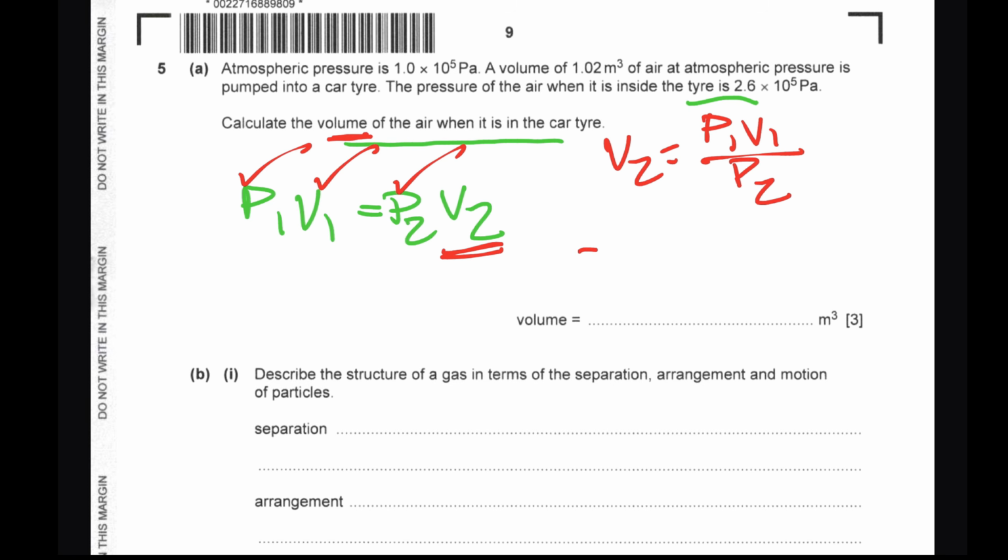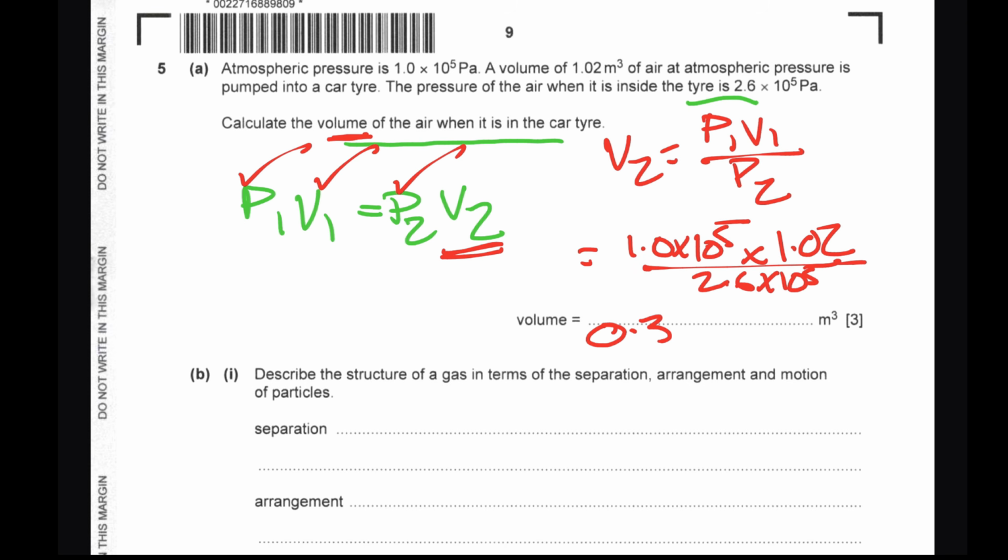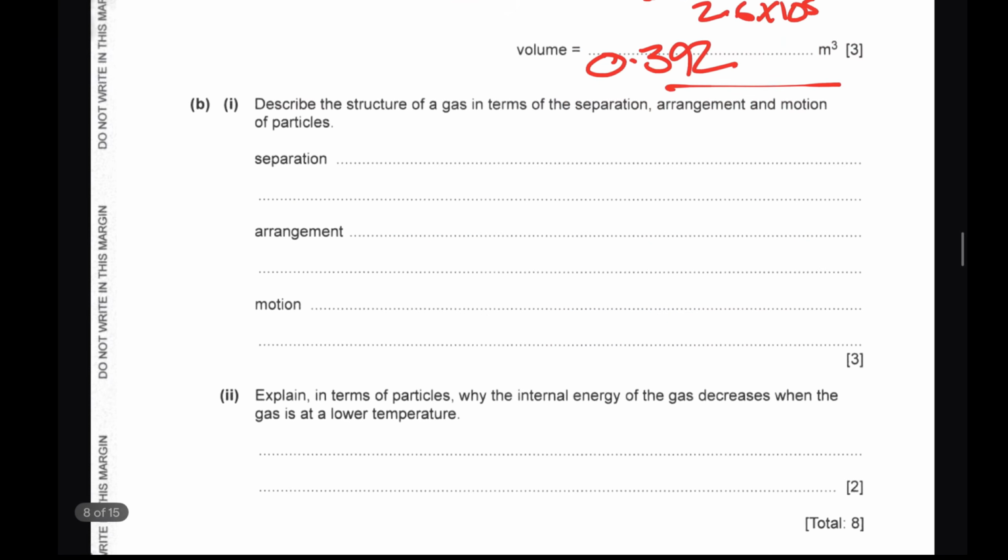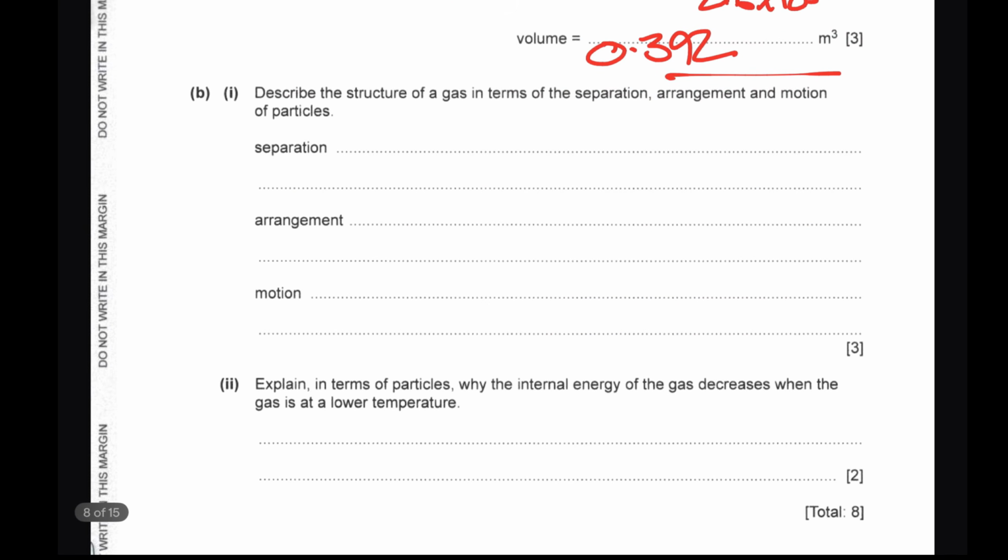If we put in all the values, it's going to be 1.0 times 10 to the power 5 into V1, which is 1.02, divided by pressure in the tire, which is 2.6 times 10 to the power 5. So if you do your calculations, it should be 0.392 meter cube. That's your answer.